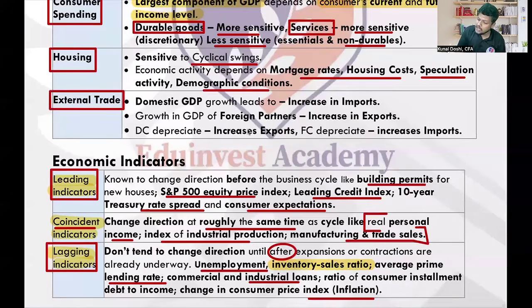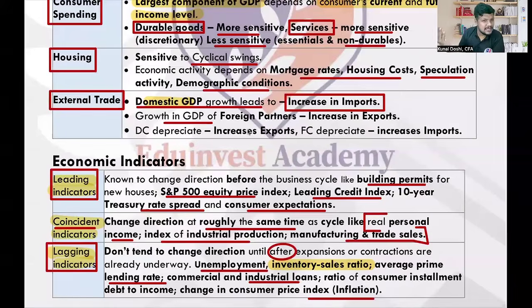External trade is very crucial. Domestic GDP. What will cause your domestic GDP to grow? The income levels of the consumers, or everyone, is rising. So if the economy is expanding domestically, people will buy more imported goods, luxury goods, right? So when the domestic GDP is increasing, imports will increase. But what about the growth rate in GDP of your foreign partner?